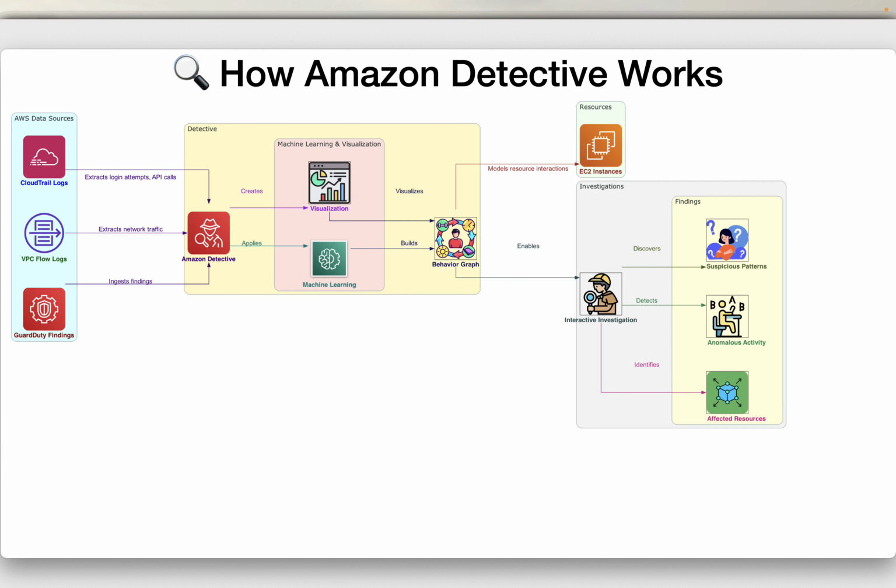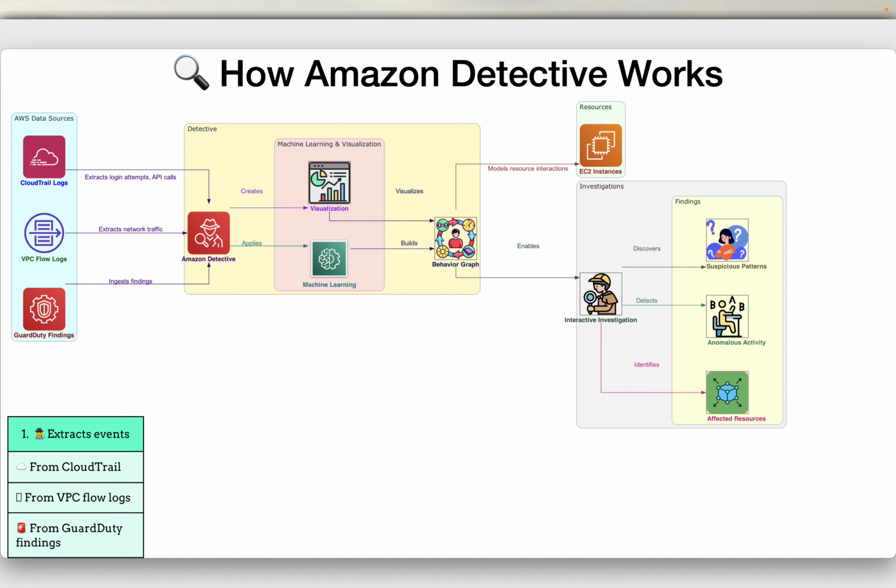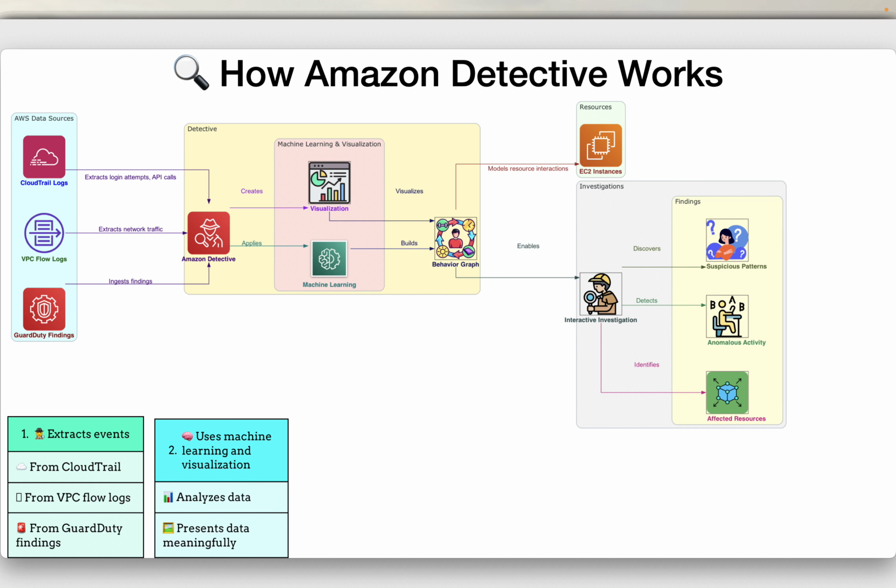So how does Amazon Detective work? Detective automatically extracts time-based events such as login attempts, API calls, and network traffic from AWS CloudTrail and Amazon VPC flow logs. It also ingests findings detected by GuardDuty. From the extracted events, Detective employs machine learning and visualization techniques to analyze and present the data in a meaningful way.